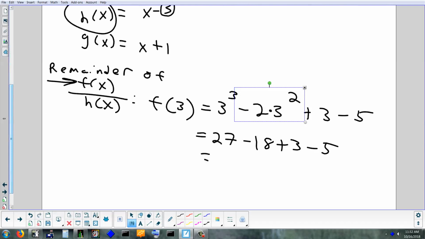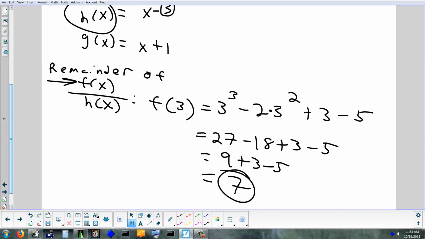So now we just need to finish that off, which is way faster than doing long division. 27 minus 18 gives me 9. And 9 plus 3 gives me 12, and 12 take away 5 is 7. There's your remainder, without doing any long division.